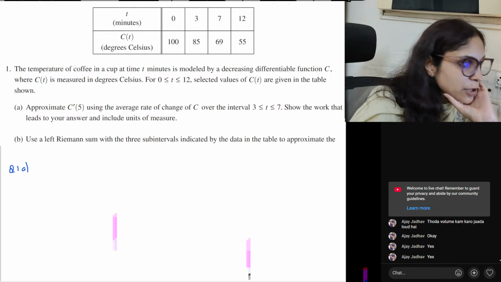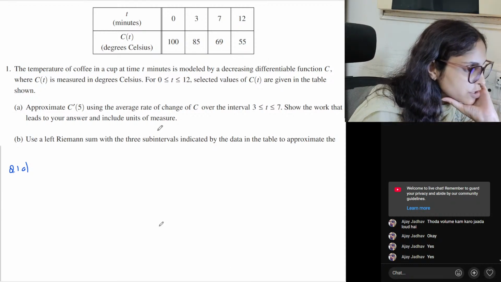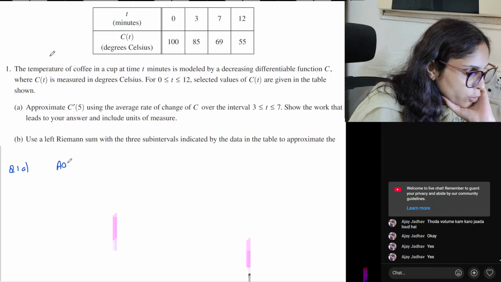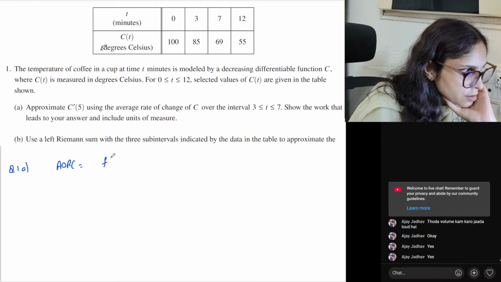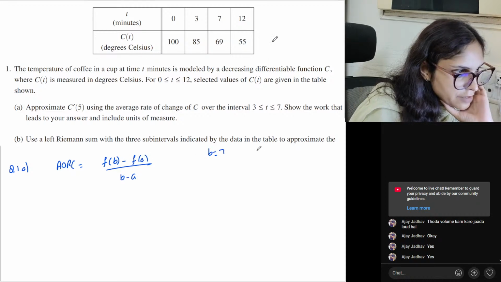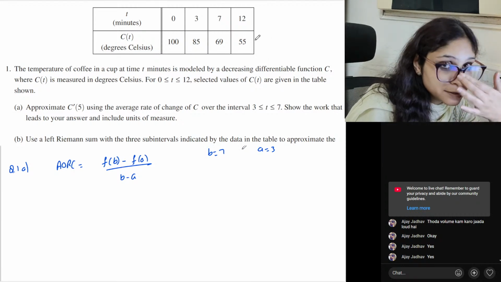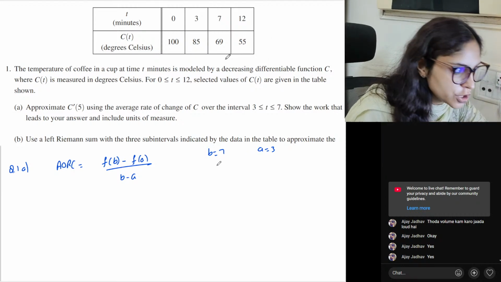So at 3, the value is 85. If we talk about average rate of change, I will write AROC, average rate of change is f of b minus f of a divided by b minus a. Over here, b is 7, a is 3, because 5 lies in between 3 and 7. That is why we are using the average rate of change.